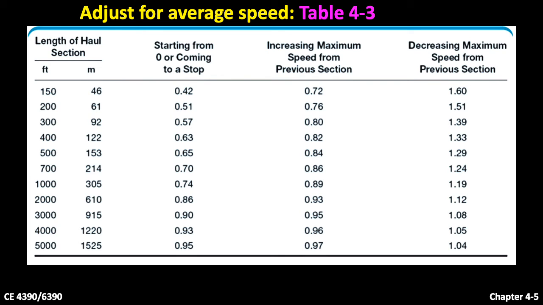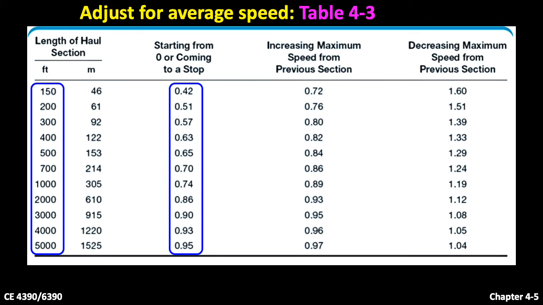Remember that the speeds we found earlier are the maximum speeds. Now we need to find the average speed for the whole section using table 4.3. Given a hauling distance, this table gives you the speed factor. In this example, during hauling, the truck needs to accelerate from 0 to the maximum speed, then decelerate to 0 when it stops, so we use this column to find the speed factor.